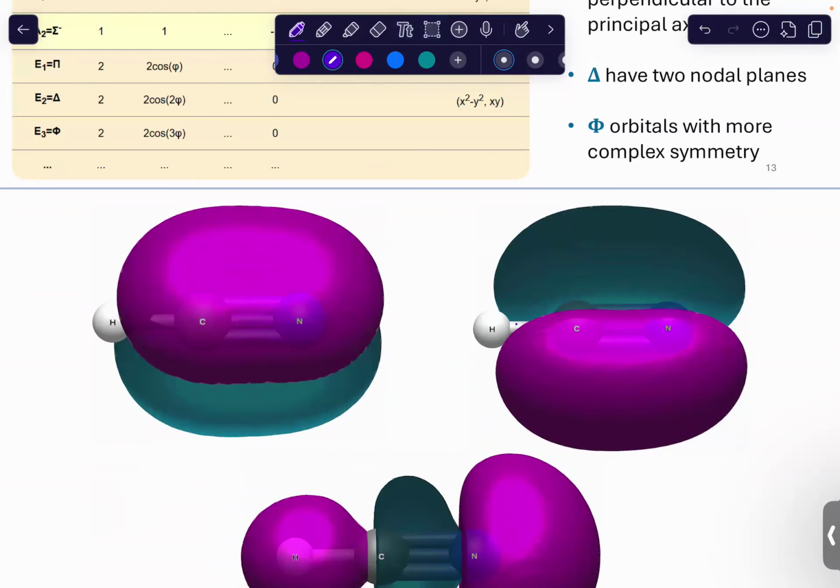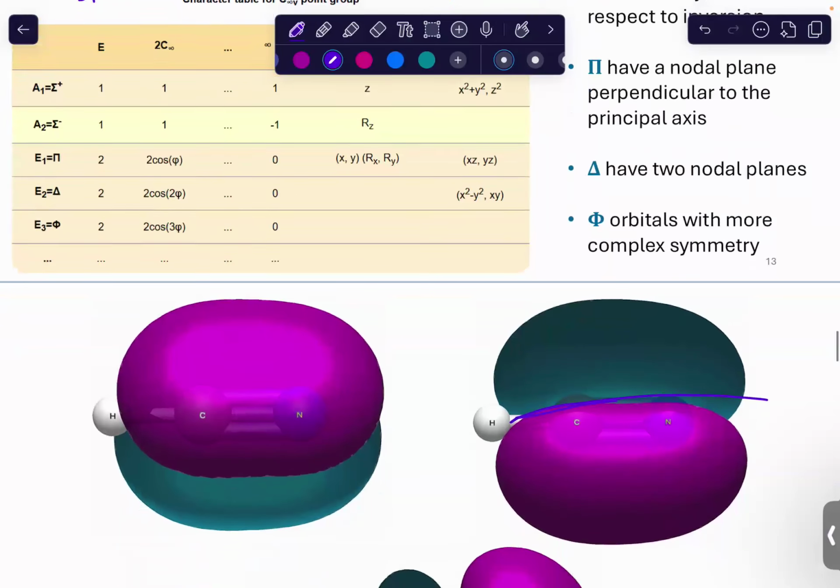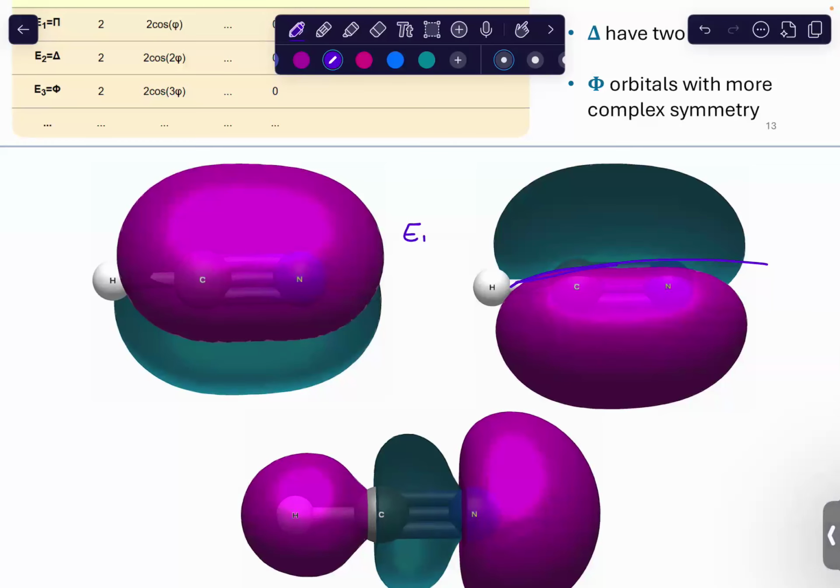There's a node. Each one has a single nodal plane. So these have to be the E1 pi. These are at the same energy, and each one has a single nodal plane. Those are your E1 pi orbitals.